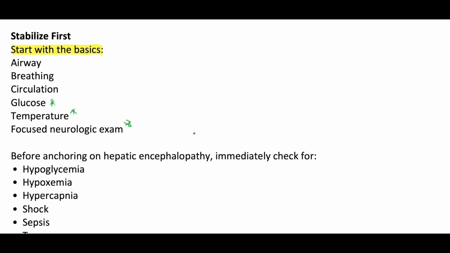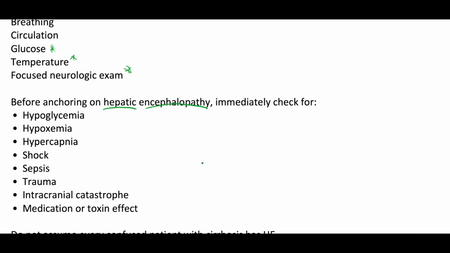It's important that we always think about hepatic encephalopathy, but that we don't anchor on it, right? These patients can get altered mental status, they can get encephalopathy from the same reasons that someone without cirrhosis gets encephalopathy. They're hypoxemic, they're hypercapnic, they're in shock, not perfusing their brain, they're septic, there's trauma, there's an intracranial catastrophe, medication effects, hypoglycemia.